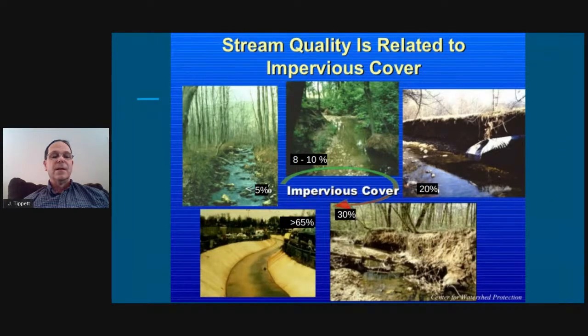When you get up to levels of impervious cover that high, the intensity of water flow is so high that you typically have to harden the banks. Maybe you've seen, if you live in Northern Virginia, Cameron Run up in Alexandria looks like that, and some streams in Fairfax, because of such intensive development and impervious cover up there, pushing 90%.